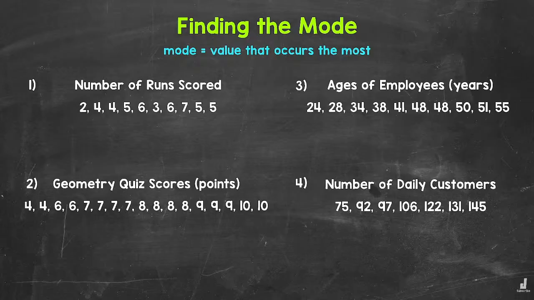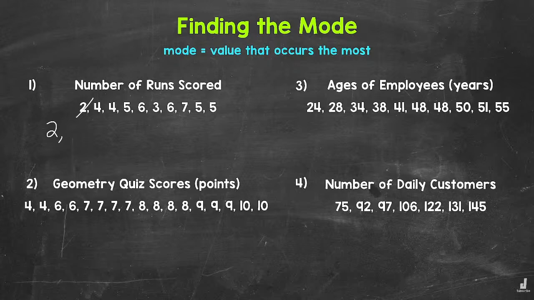Starting with number 1, we have the number of runs scored by a baseball team in each of their first 10 games. It's not necessary, but putting the data in order from least to greatest can be helpful. It makes it a little easier to find the mode. Let's do that for number 1. The rest of the examples will already be in order. The lowest number of runs is 2, so let's start there.